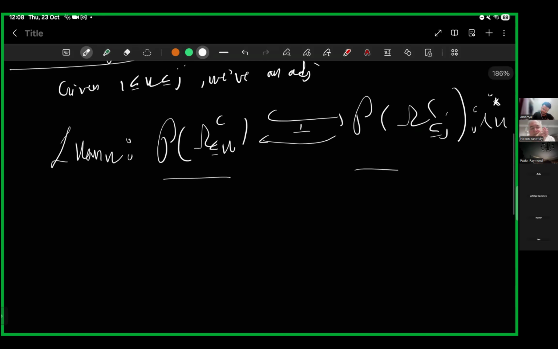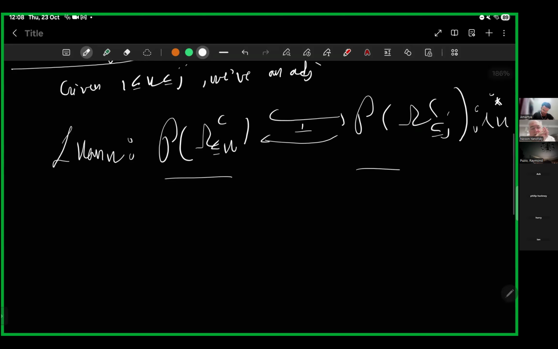These are presheaves, so you have an adjunction on different things: this is less than or equal to k, this is less than or equal to j. I see, so you have different arities going on here.